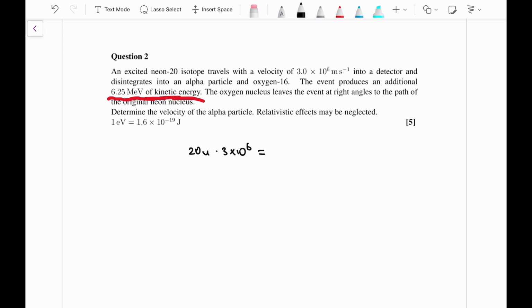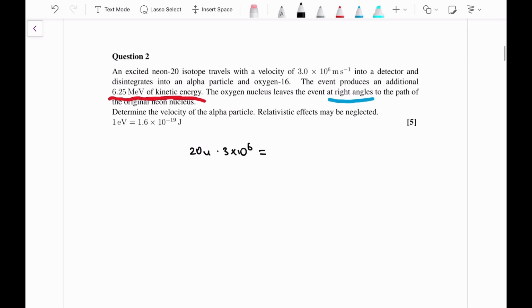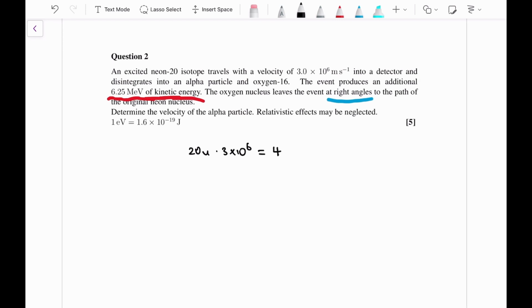It is equal to, for the oxygen 16 nucleus, it's moving at right angles. If it's moving at right angles, this means that it doesn't have a horizontal component for its velocity, hence we can neglect it. And then what's left is just the alpha particle. So the alpha particle is composed of 2 protons, 2 neutrons, so we can say it's 4u times its velocity.